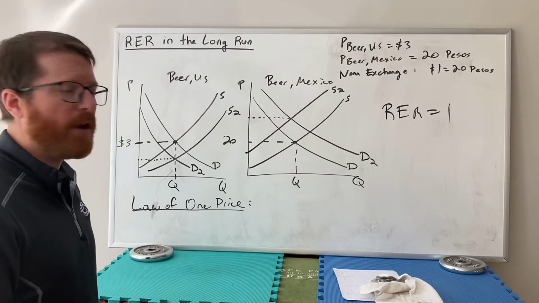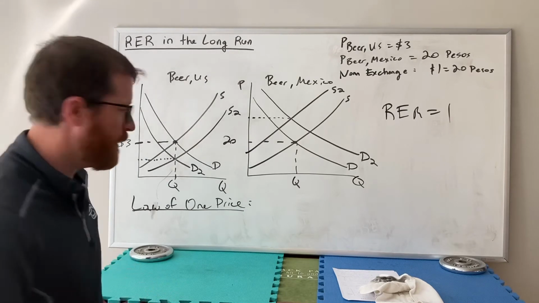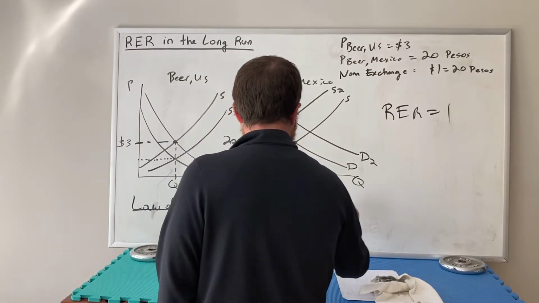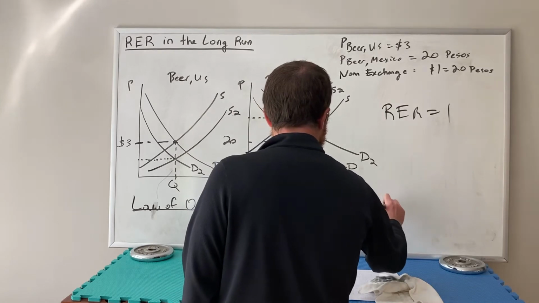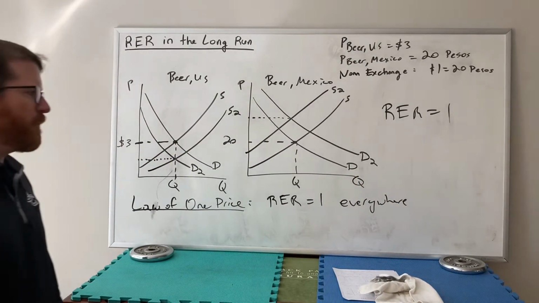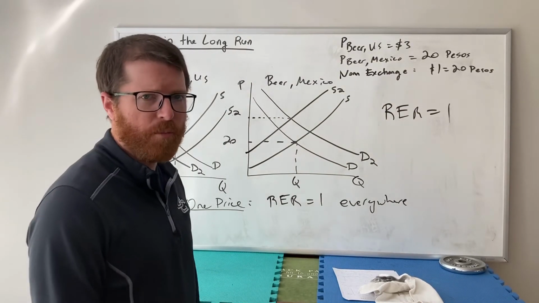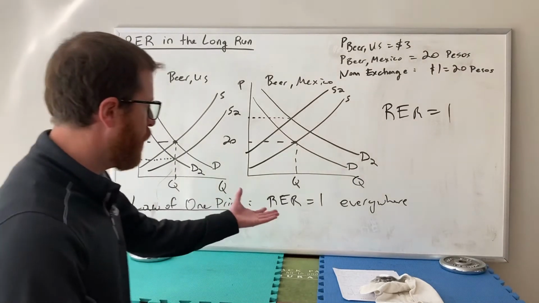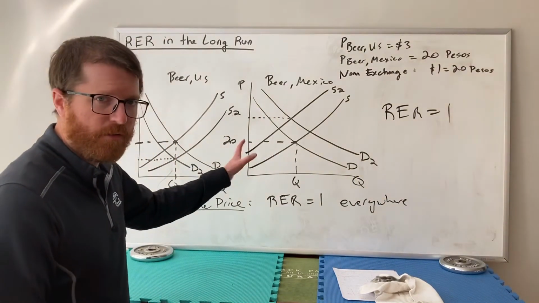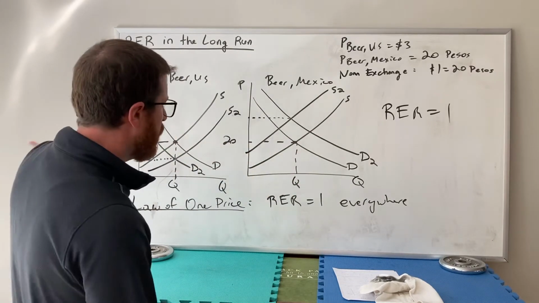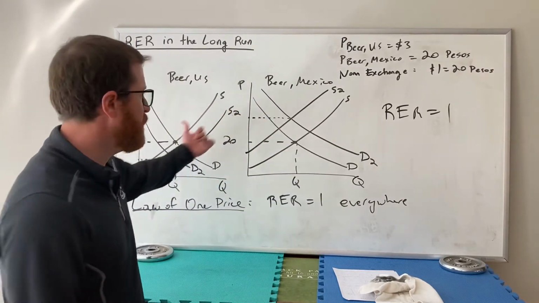So if there are no transaction costs, the law of one price says that the real exchange rate equals 1 everywhere. Because if it didn't, then it would be very easy to arbitrage and get profits, right? If the real exchange rate did not equal 1, if there were no transaction costs in this example, then all you had to do to make profits is just go to Mexico, buy the beer, go back to the U.S., sell the beer.